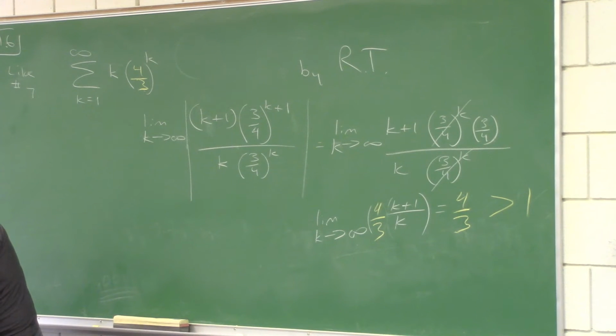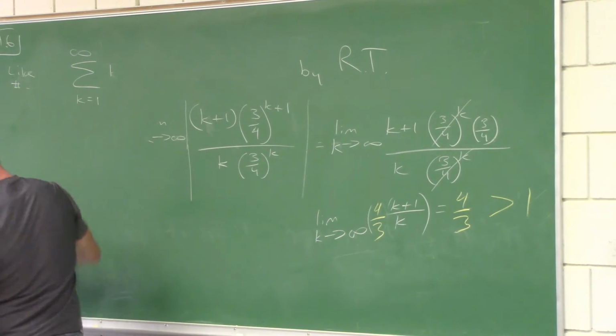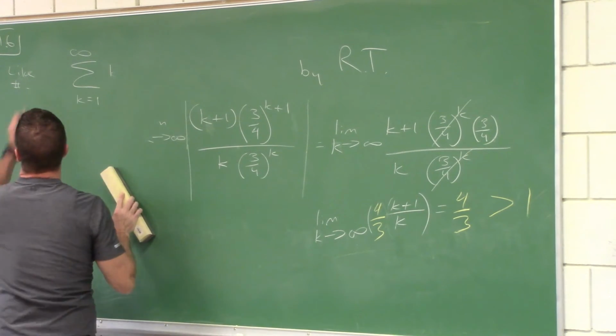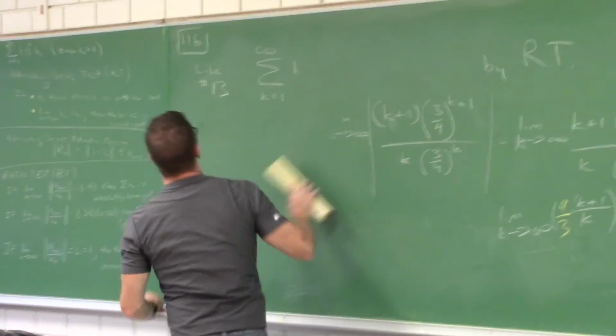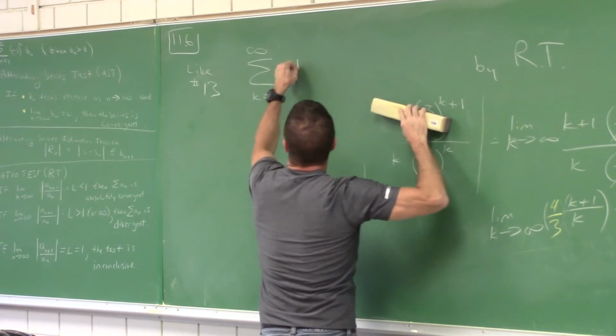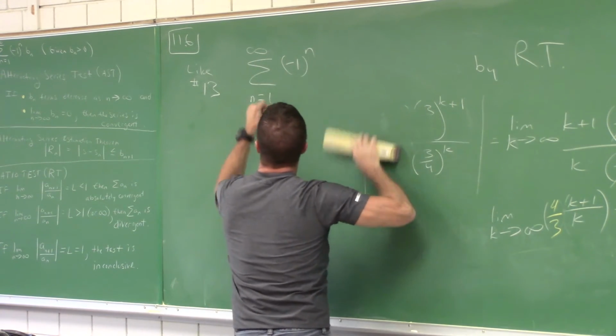All right, this problem, I'm going to find something that has a -1 in there, -1 to the n. So it has a 2n plus 1. Okay. This one's busy. And this is number 13. There's a -1 to the n. It starts at n equal to 1.